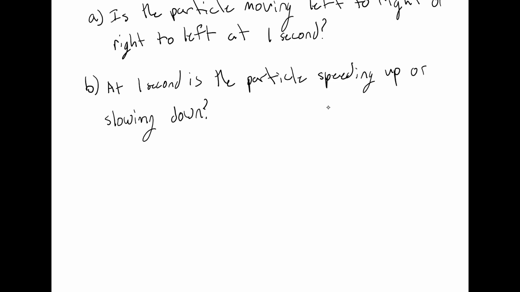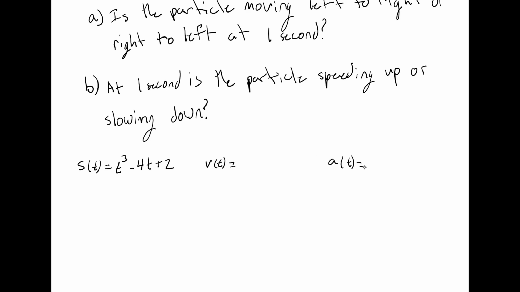So the first thing we need to do is we know that s of t is t cubed minus 4t plus 2. We need to find v of t, and then we need to find a of t.